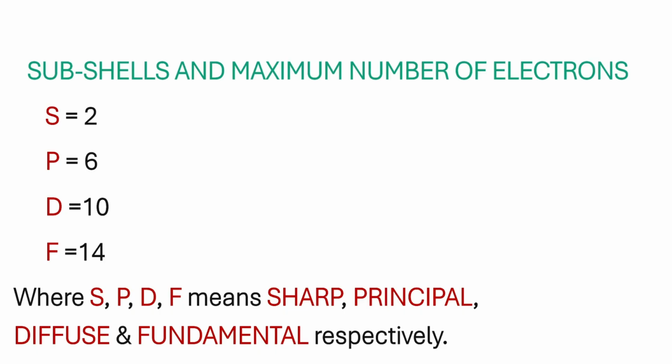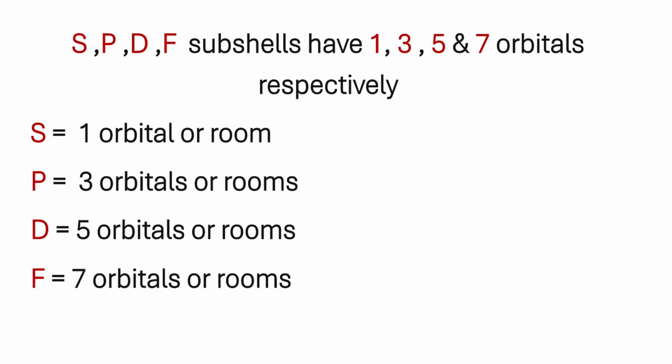First of all, we have to acknowledge the fact that S, P, D, and F subshells have 1, 3, 5, and 7 orbitals respectively.